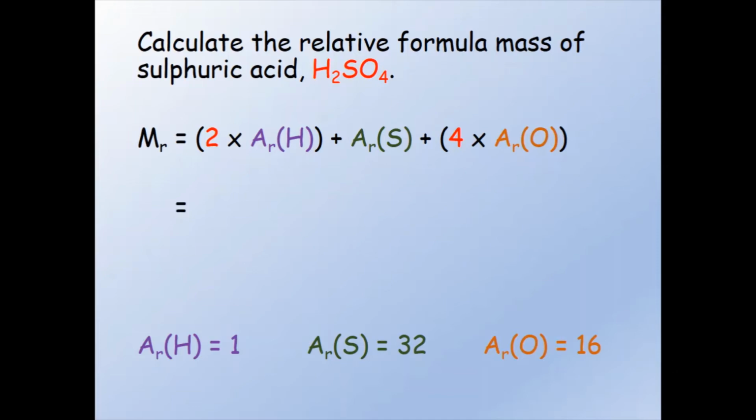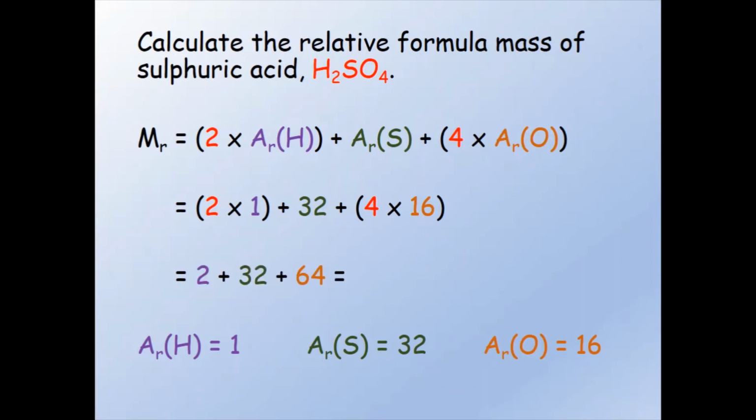So we get 2 times 1 for hydrogen, plus 32 for the 1 sulfur atom, plus 4 times 16 for the 4 oxygen atoms. This gives us 2 plus 32 plus 64, which gives us a relative formula mass of sulfuric acid of 98.